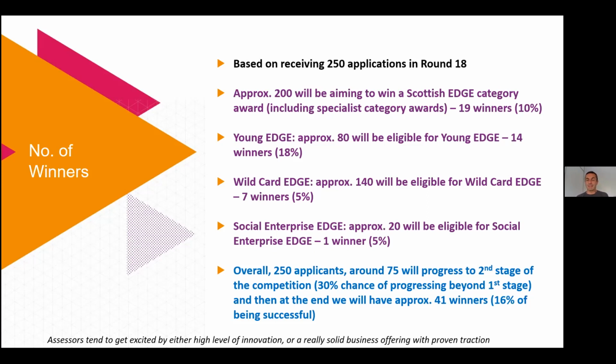So that's about 20% of the applicants who would get a chance of going through, and that means there's going to be a high number who will miss out. So we'll take 40 through, and from those 40 we'll have around 19, 20 winners. So when you come in, if you're applying for an amount up to £100,000 going for Scottish Edge, at the end of it we'll probably have 19, maybe 20 winners, which is about a 10% chance of success.